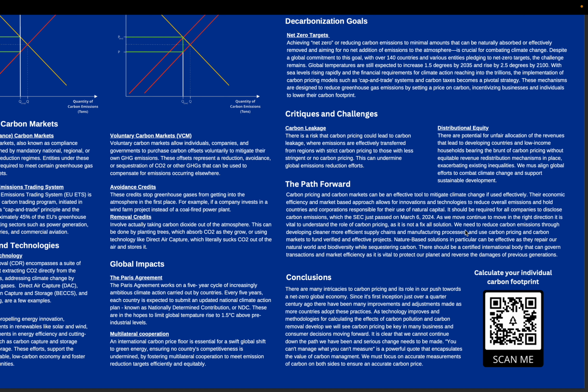I really think that a key thing is reducing emissions to their bare bones level, and then using these carbon pricing strategies and carbon markets to offset the remaining amount. So it's really about progress towards reducing emissions in supply chains and value chains all over, and then using these pricing strategies to price in that remaining amount that may not be able to be avoided through just reductions in processes.